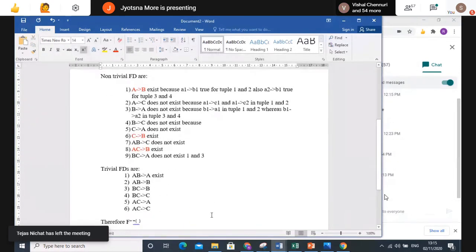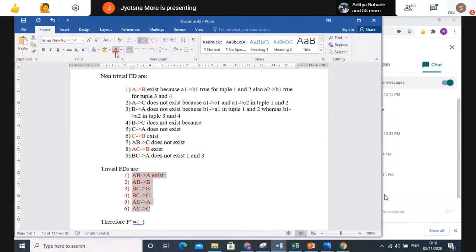Here you mention all your functional dependencies which you receive. In this, you write A determines B, C determines B, AC determines B. So I'm just highlighting those functional dependencies which exist. Write down all this, your final answer.